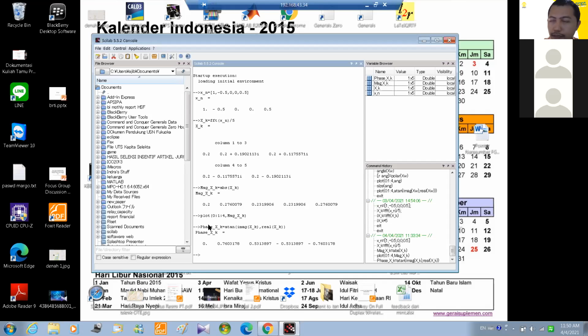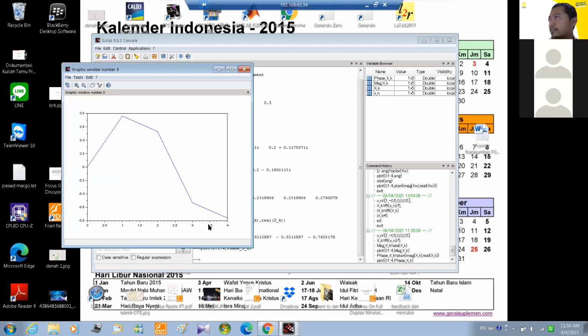This is the phase of Xk, and then we want to plot again. We make an array for the x-axis increment, like this, and then the phase of Xk. Yes, it's very simple. And then just plot it. Yes, you got it.